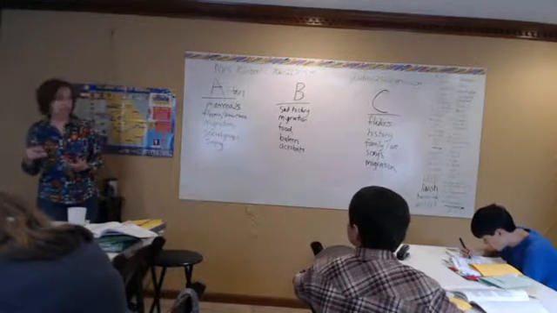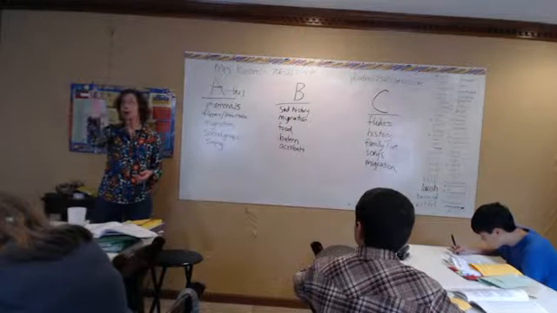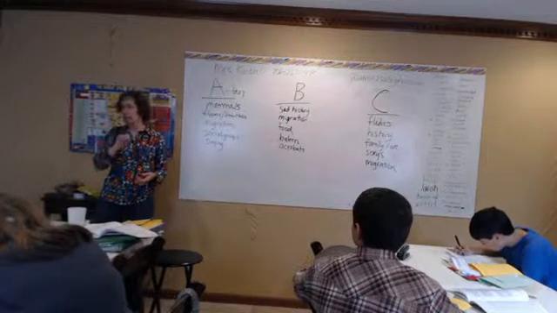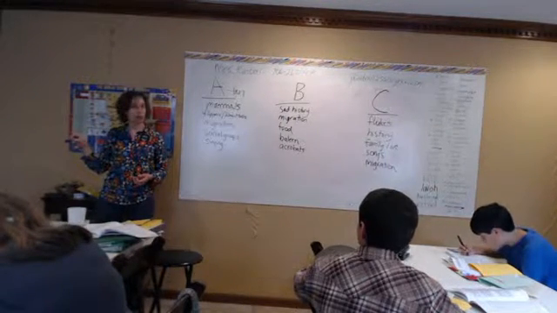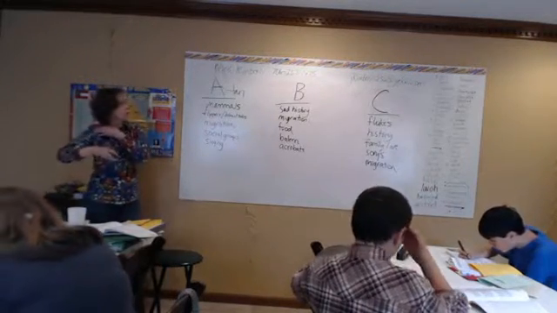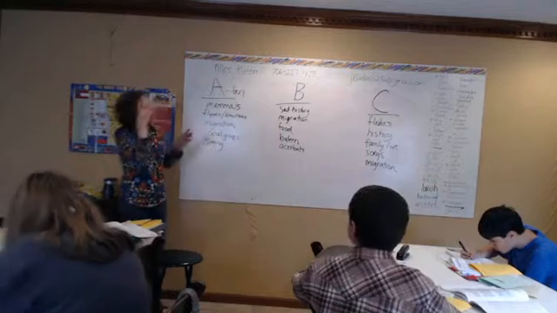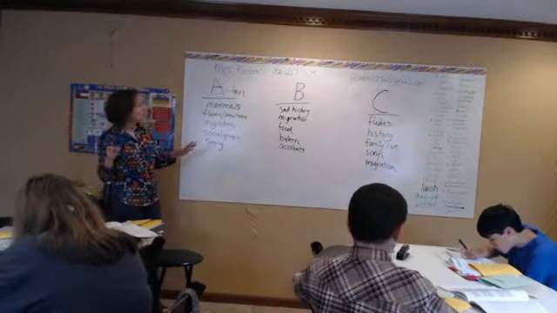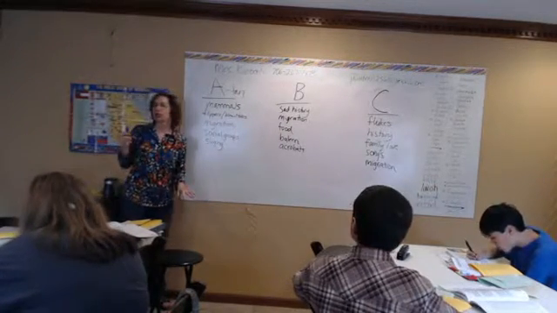Or if it's an encyclopedia article, sometimes it'll have bold black headings and you can find out topics that way. But sometimes you have to actually do a little bit of reading and jot down what your topics are.